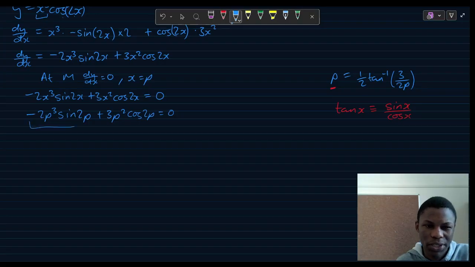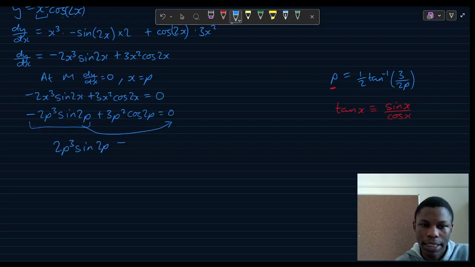And for starters, I'm just going to move this to the right hand side so that it's positive. So I end up with 2p cubed sine 2p is equal to 3p squared cos 2p. And so like we mentioned, we want to force a sine x over cos x situation. So I can literally just divide both sides by cos 2p.